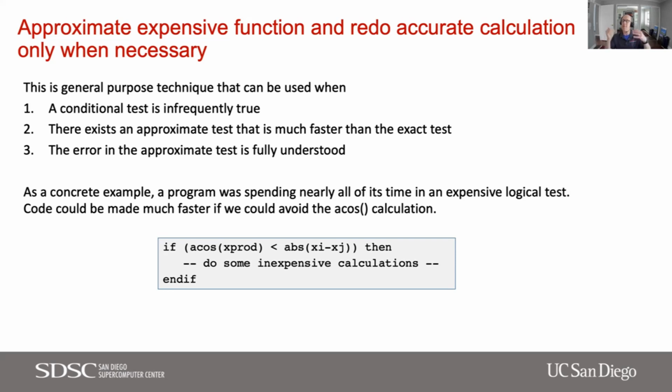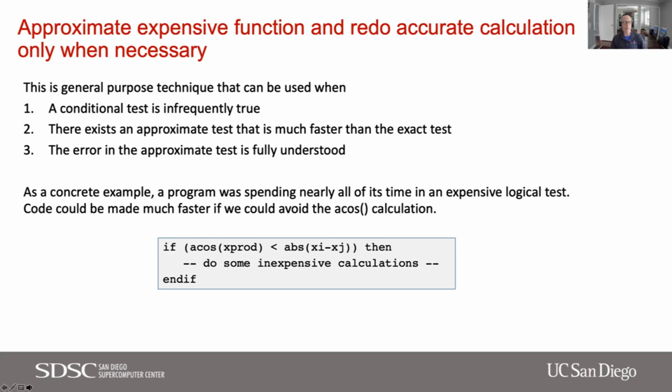There's kind of a hierarchy of expense, with addition, subtraction, and multiplication being very cheap, followed by square roots and divisions, followed by exponentiation, logarithms, and trig functions. And at the very top, these inverse trig functions are very, very expensive.